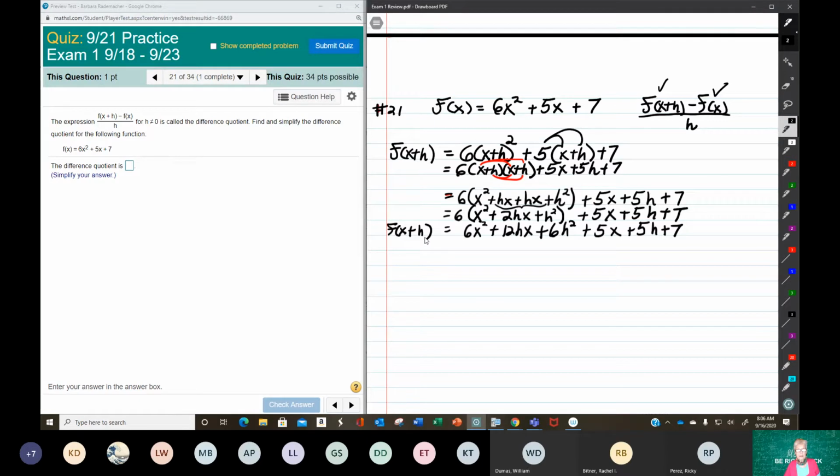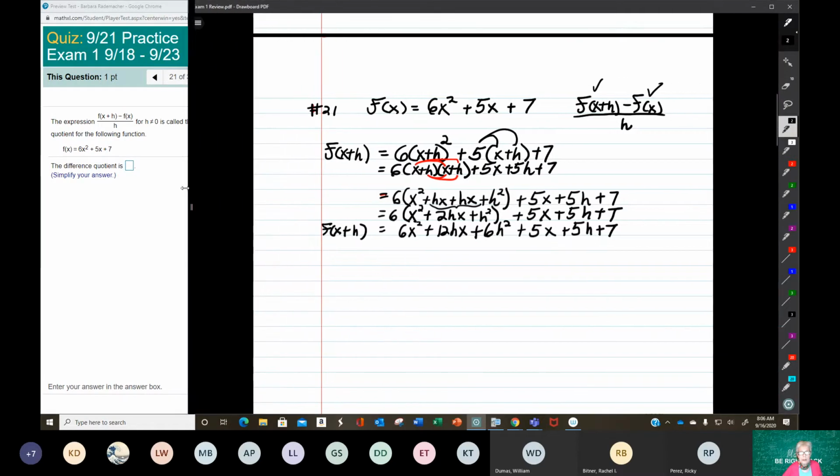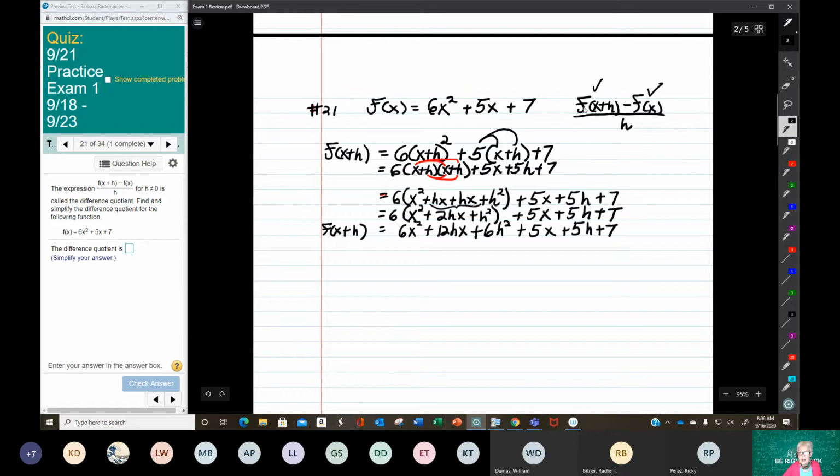Okay, so all of this would be step 1 because you already know what f of x is. You have to find out what that is. So this is all step 1. Now, step 2 is where you actually do this. You find out what that is if you take f of x plus h and you subtract f of x.